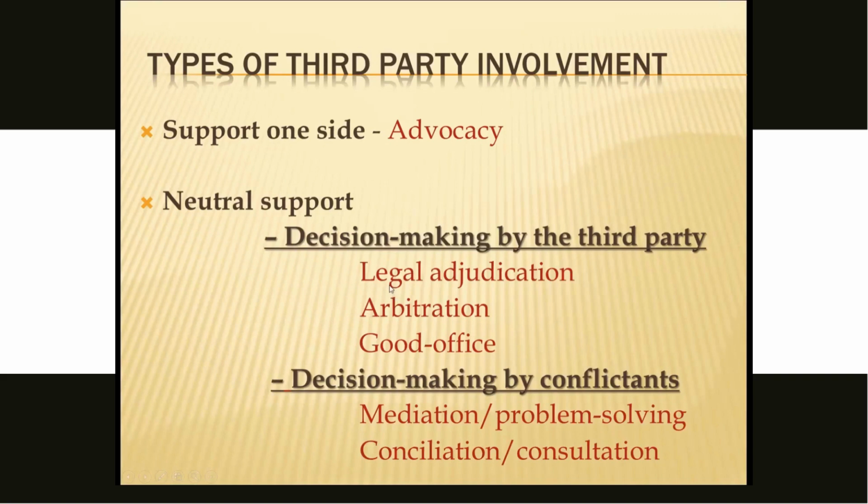For instance, when we use legal adjudication, such as bringing the case to the court, the judges decide the final outcome, right? Arbitration and good office are similar, but not as formal as the legal process. And if we look at other cases, mediation, problem solving, conciliation, consultation, in these cases, decisions are made by the conflictants.